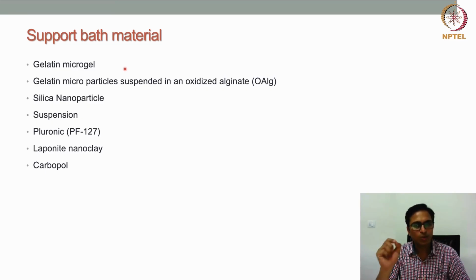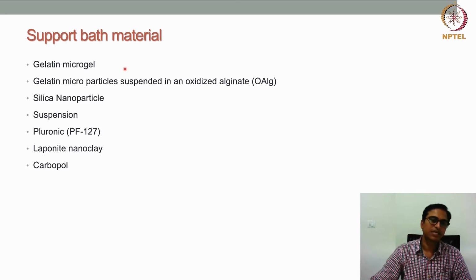Microgel means gelatin gel in micron-sized particles, some tens of microns or less, like 10 to 50 or maybe 70 microns, 30 microns. These gelatin microparticles are suspended in an aqueous buffer, and that behaves like a support bath material that can well be used for providing support.